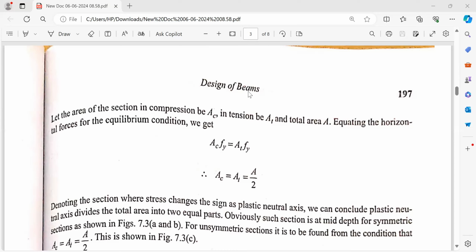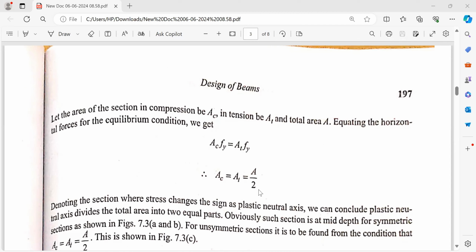So tension area into stress. AT is the tension area below the neutral axis, into stress Fy, because all the fibers have reached yield stress. So Fy is the same here and gets cancelled on both sides. Then area of compression equals area of tension, which happens when each is total area by 2.